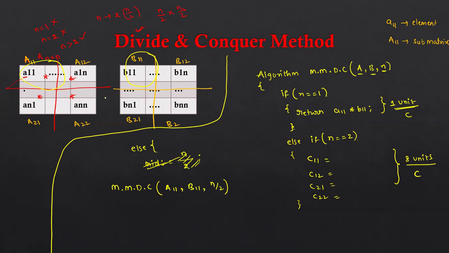Next. By calculating these two multiplications, will you get C11? No. So this entire matrix, the second half part, is going to multiply with this half part. So matrix multiplication using divide and conquer approach of A12 comma B21, size n by 2.